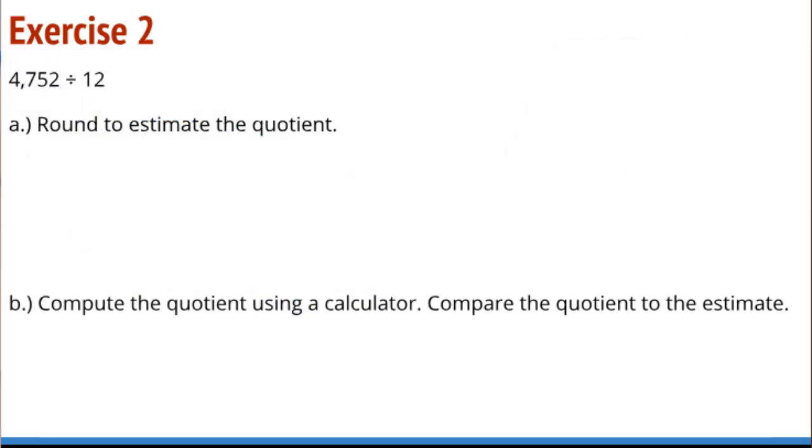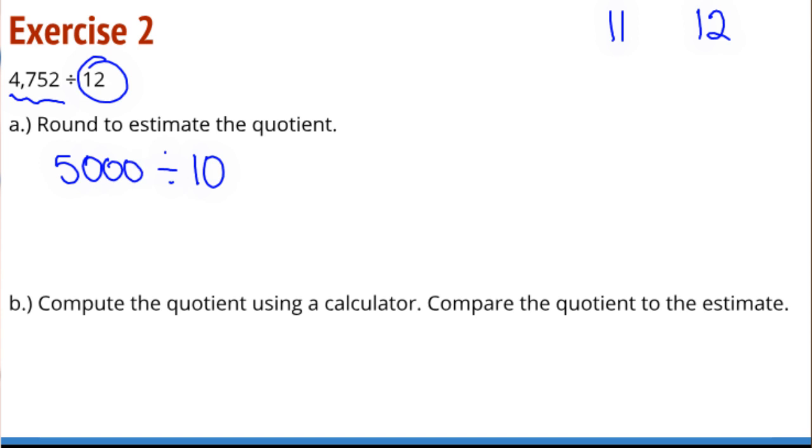All right, exercise 2. Round to estimate the quotient. So I've got 12s here. By the way, I want to point out a little pattern that we're working with. We started out with 11 as a divisor, and we have moved to 12 as a divisor. Just going to watch that for a minute. So 12 is pretty close to 10. So once again, I have 10 as a divisor. And looking at the dividend, I'm going to say that's pretty close to 5,000.